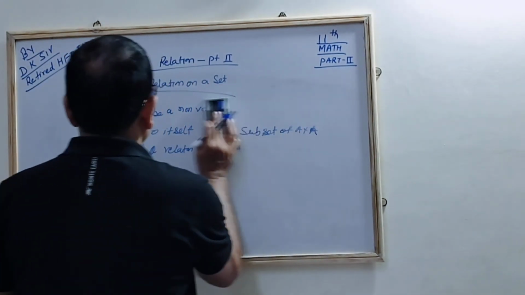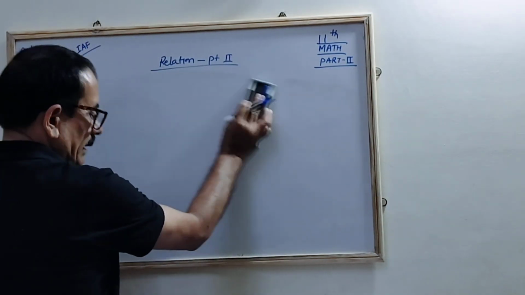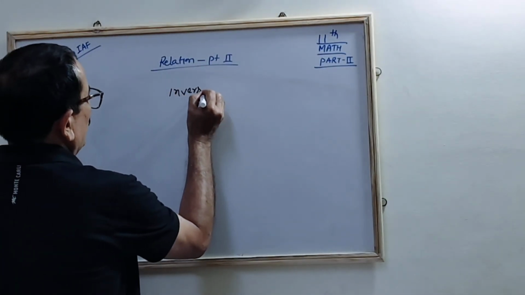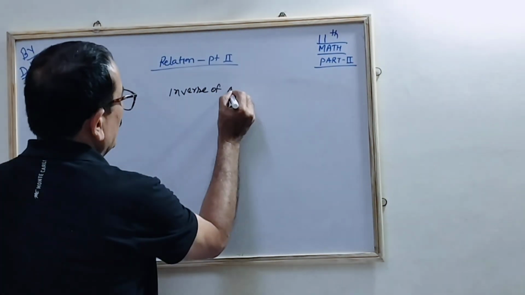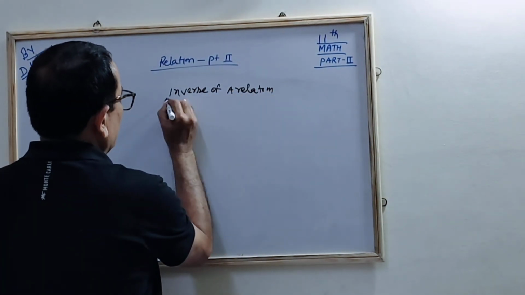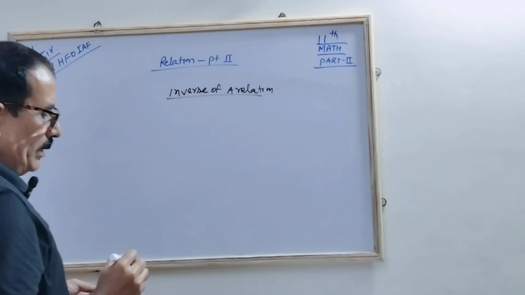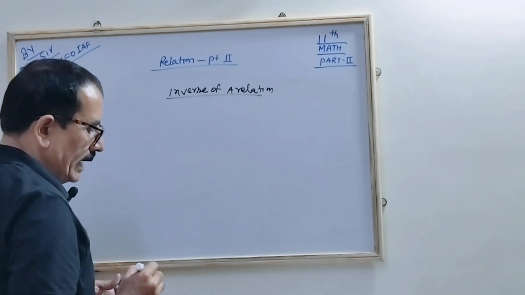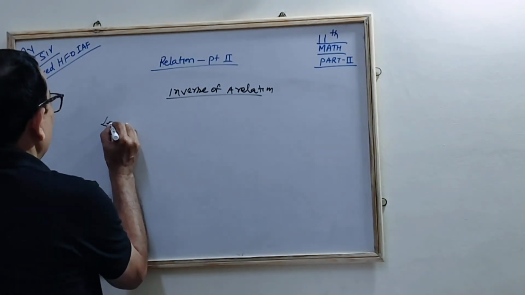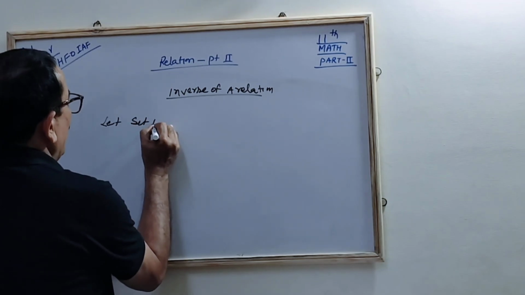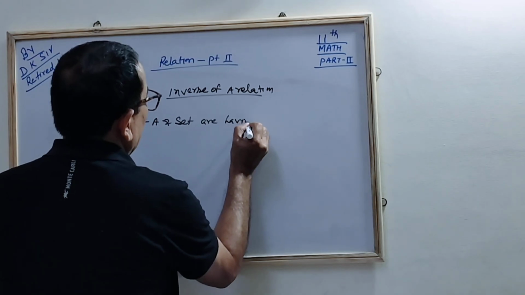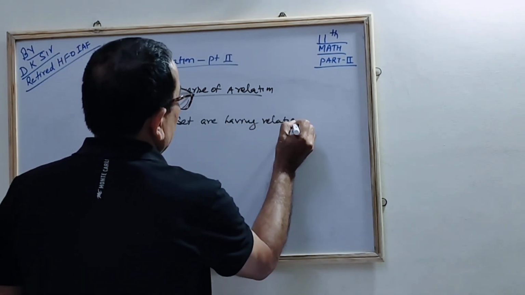Now we'll see another term. That is the inverse of a relation. What is the inverse of a relation? Let sets A and B have a relation R, correct?